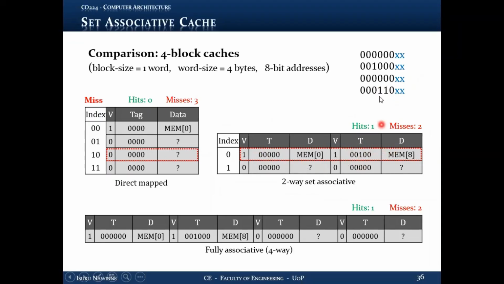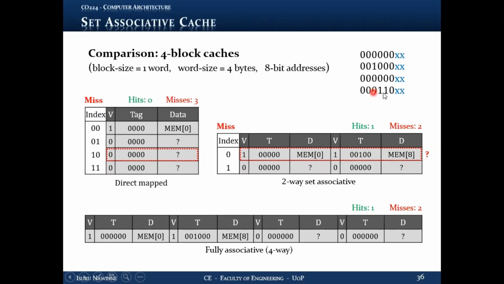So none of the stored tags are matching. So the parallel comparators, both of them will return zeros for the intermediate hit status, and the final hit status will also be 0. So it's a miss here, right?